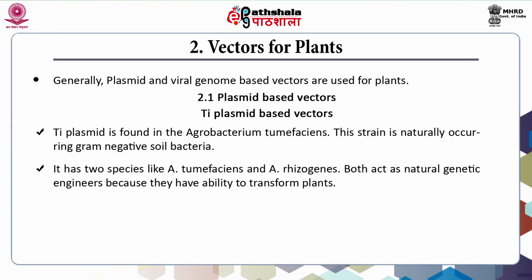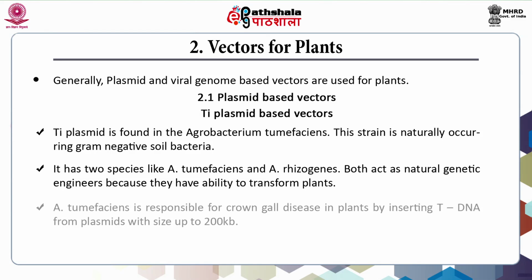It is very important to note that it is a gram-negative soil bacterium. It has two species: Agrobacterium tumefaciens and the second one is Agrobacterium rhizogenes. Both of these act as natural genetic engineers because they have the ability to transform plants.